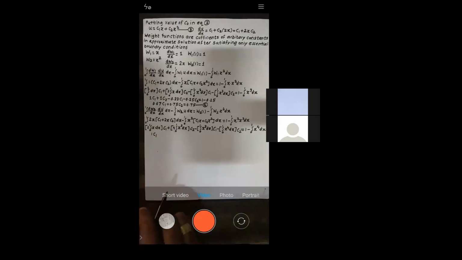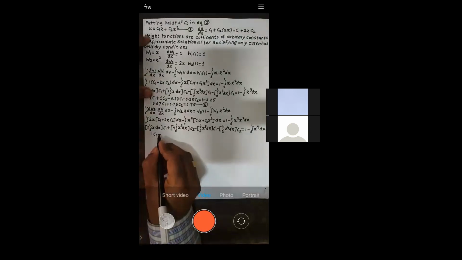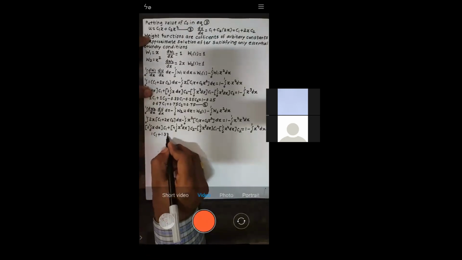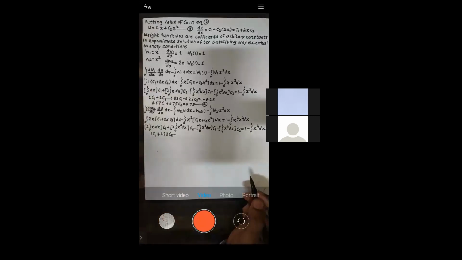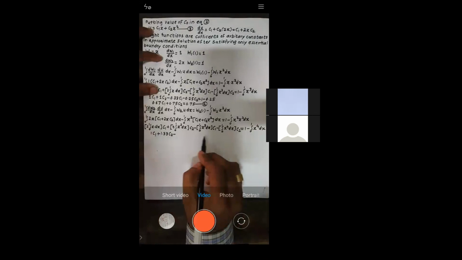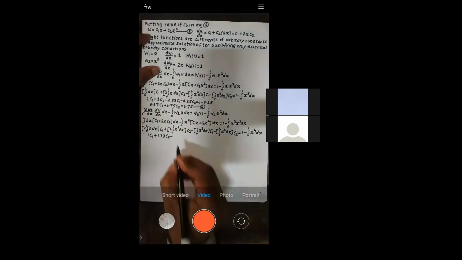1.33 x square is 2 plus 1.33 C2, minus. Just calculate it. Now the coefficient of C1, let me know. 0.25 C1.